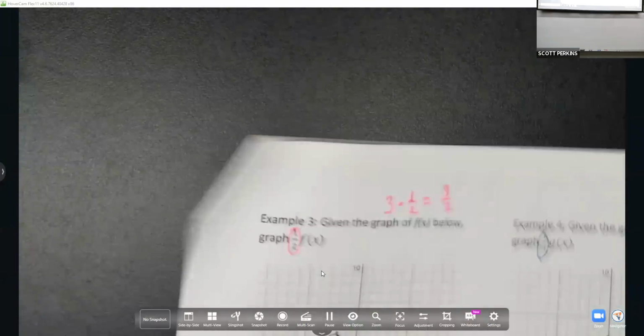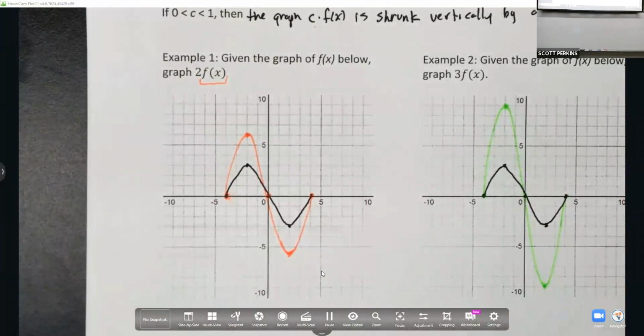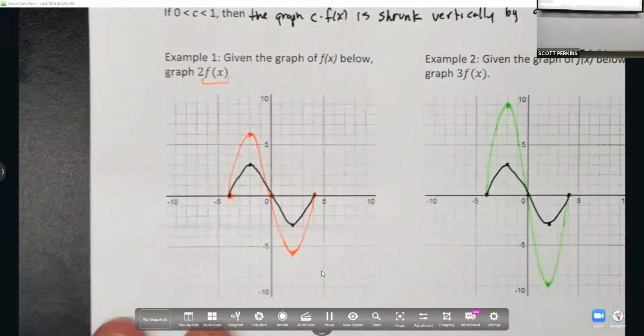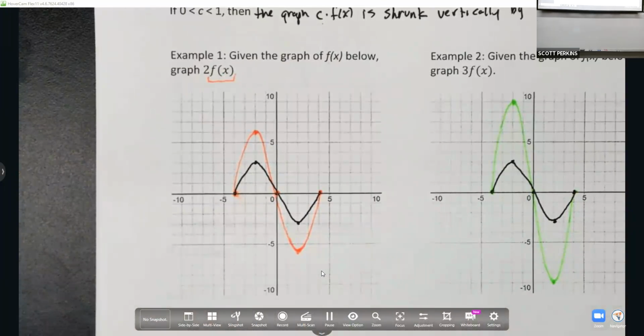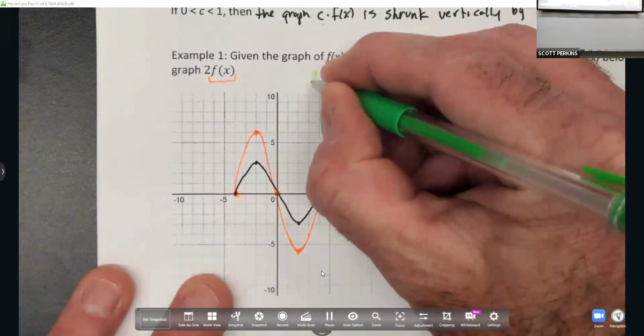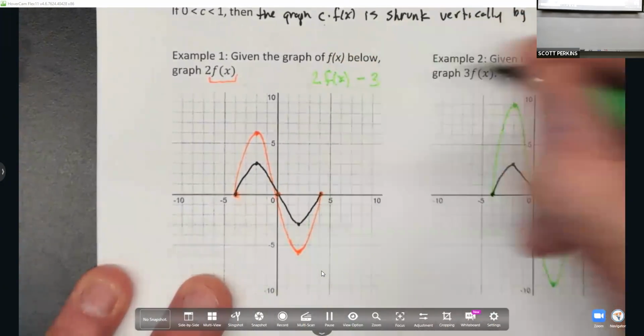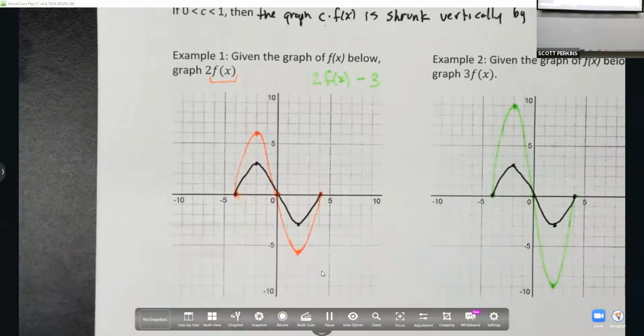So I'm just going to flip back a page. So this first graph was 2f of x. Again, a nice simple first example. So in green, I'm going to do 2f of x, and then let's say -3. So remember, order of operations.